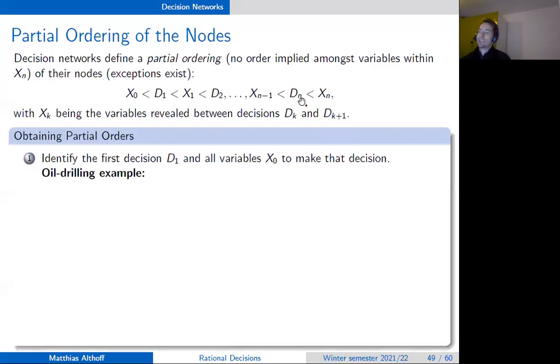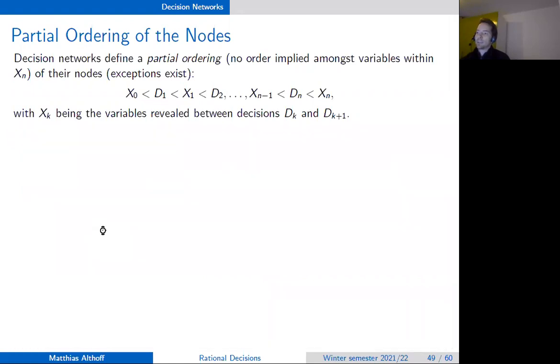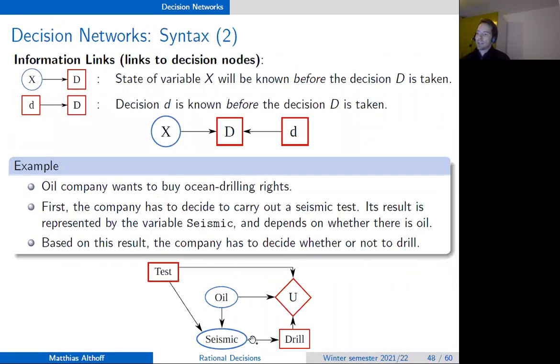Good. So how do we then find this partial order? In the oil drilling example, we would start with the first decision, which would be whether we perform the test or not. And then after that, we have to reveal the random variables that will be revealed after this decision. In the oil drilling example, this was the seismic, so whether the seismologist says there is oil or not.